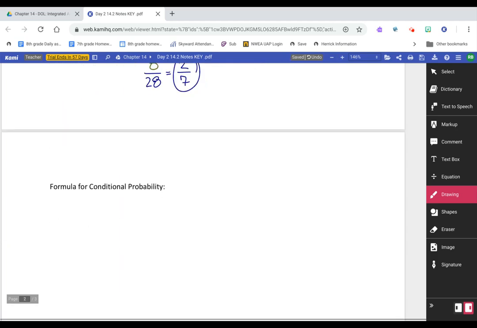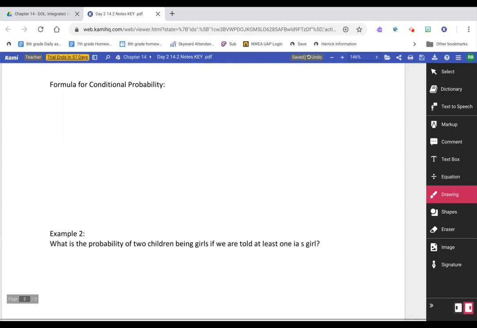Okay. There is a formula for conditional probability. So if we have the probability of event A occurring given that B occurs, we can write this as a quotient. So this would be the probability of event A and event B occurring.